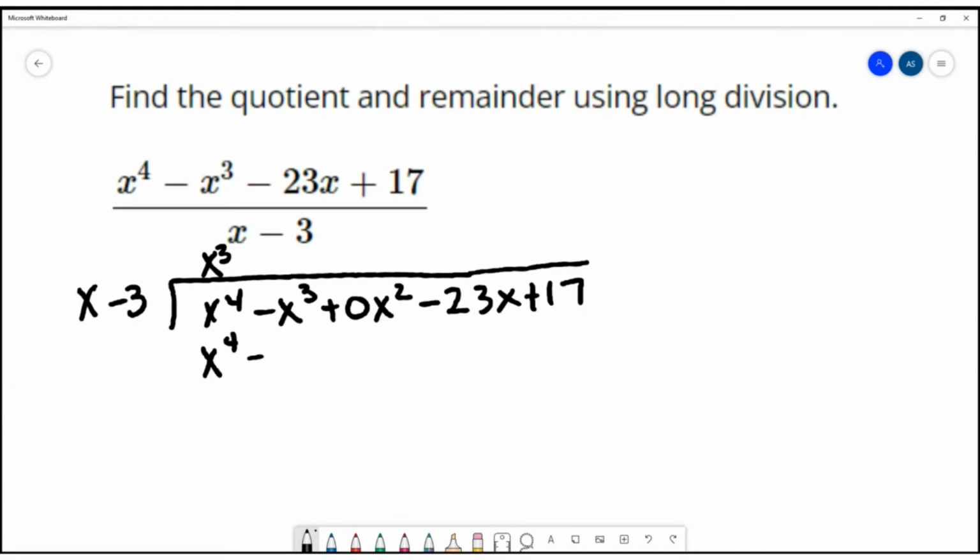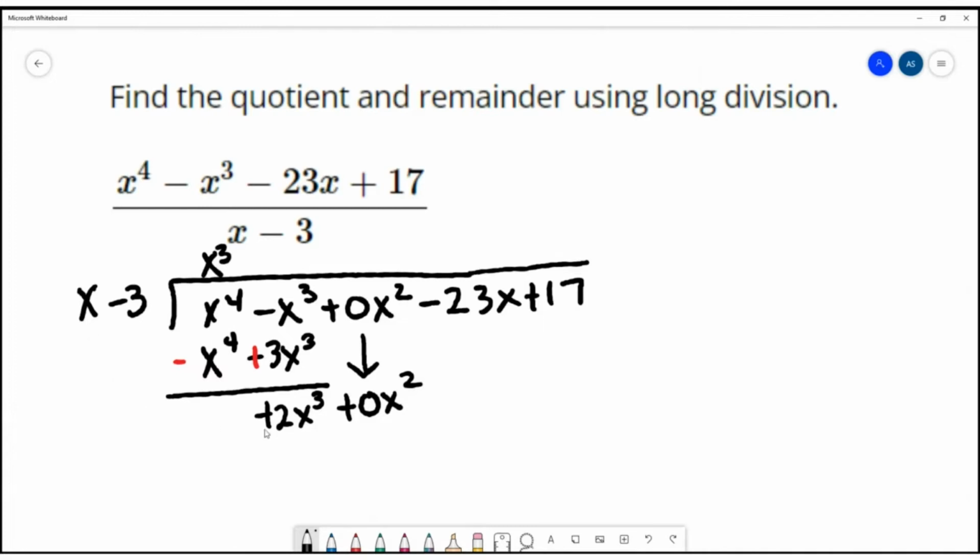X cubed times negative 3 is negative 3x cubed. You can see that our like terms are lined up. We're going to subtract, changing the signs. X to the 4th minus x to the 4th is 0. Minus x cubed and plus 3x cubed combine together to be 2x cubed. And we'll bring down the next term, that placeholder that we put in.